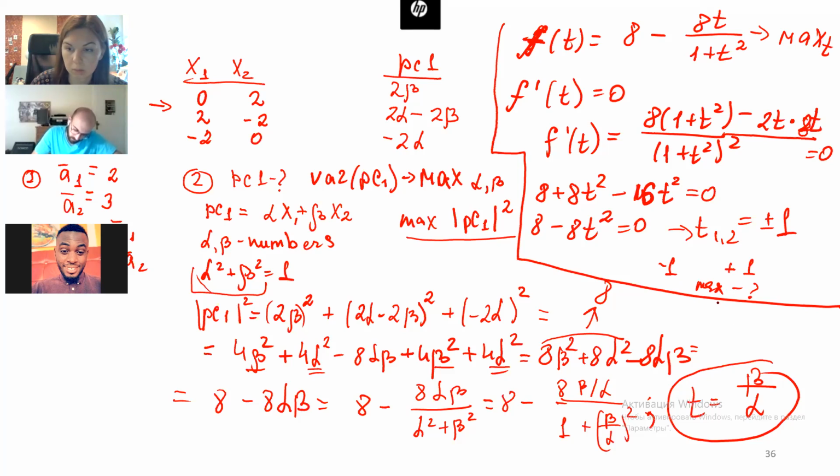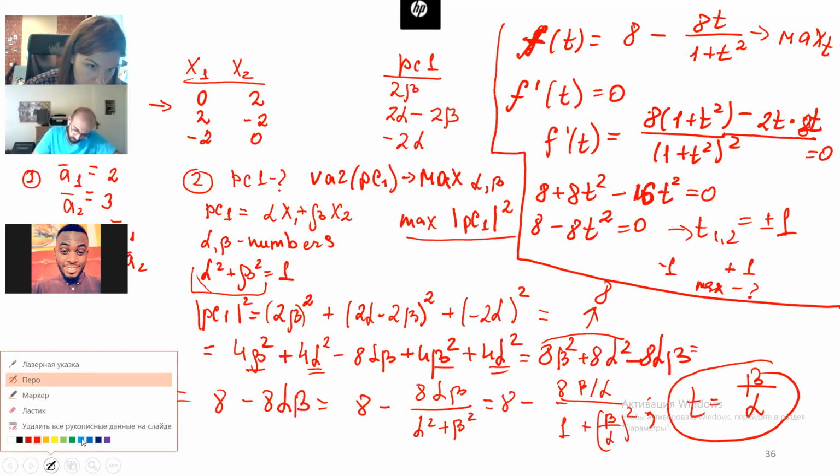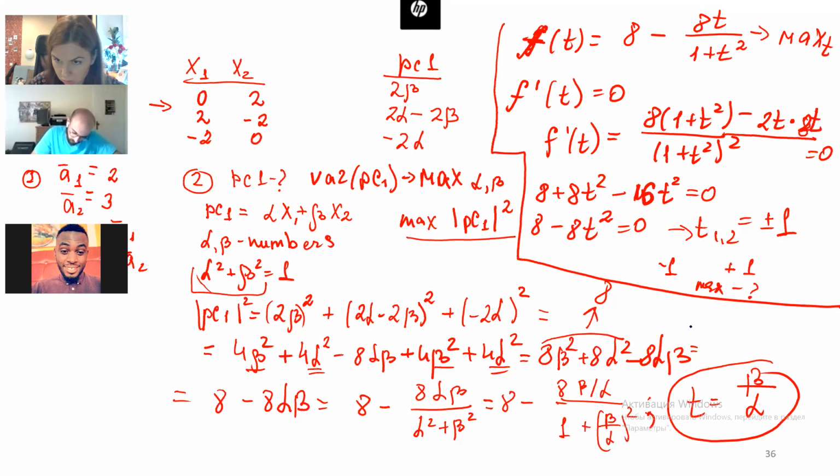When we are talking about maximum and minimum, we need to understand the direction of the function. In the first part, our function increases, so the derivative there will be positive. The second part should be negative.